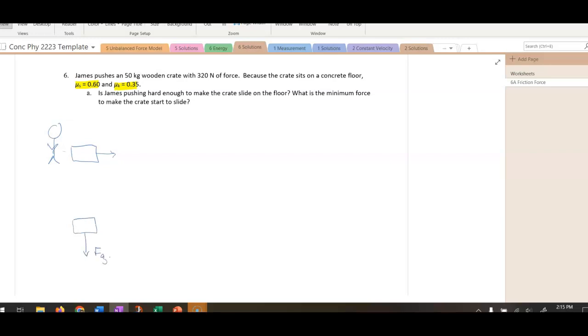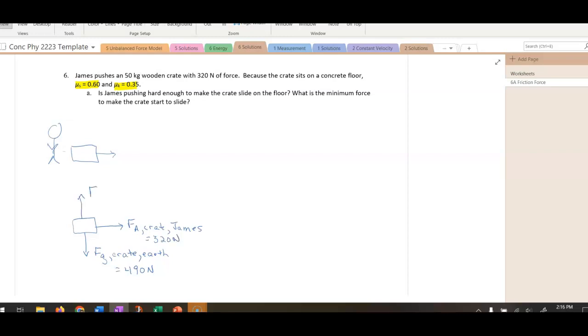The weight of the crate, since it has a mass of 50 kilograms, is 50 times 9.8, 490 newtons. James is applying a force of 320 newtons.